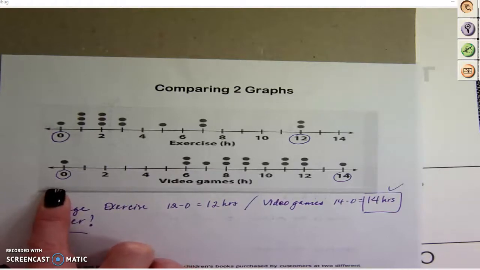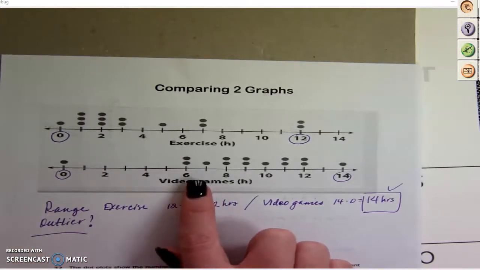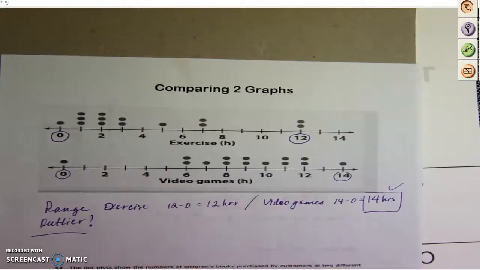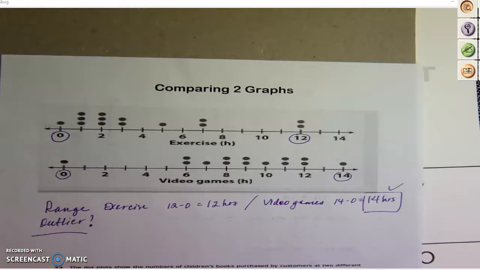Do you guys see this? We have only one person that said they spend 0 time gaming. The rest of the people were gaming 6, 7, 8, 10, 14 hours. So the 0 is a true outlier for us here in this particular data.